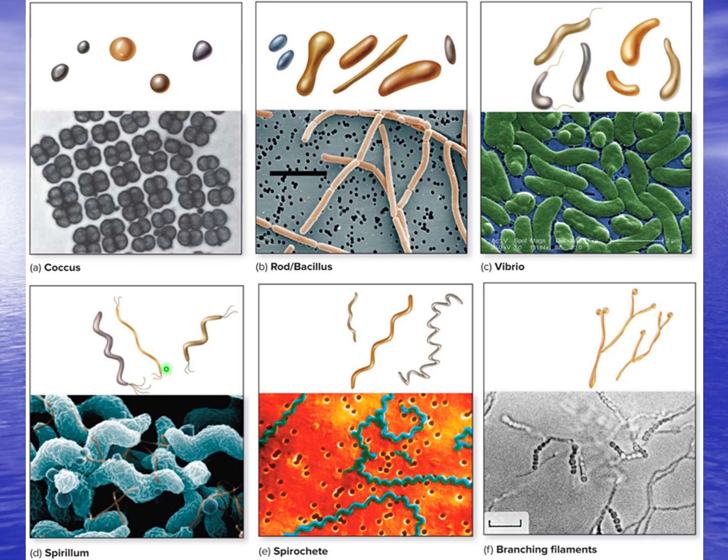There are a small group of bacteria known as the branching bacteria, and these actually grow in filamentous structures that look very similar to the eukaryotic fungi, but they actually are truly bacteria. We really won't be discussing these as most of them are not going to be pathogenic, but I just wanted to point them out.